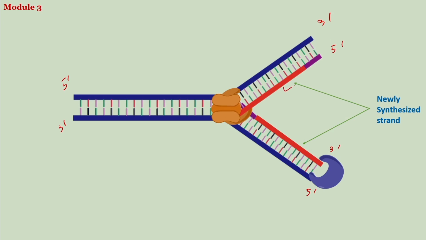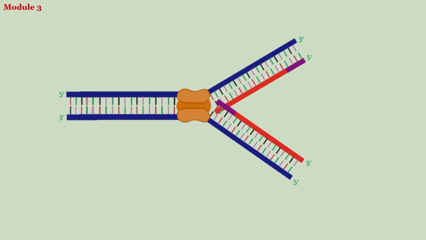So, this and this are now the newly synthesized DNA strands, 3 prime, 5 prime, 5 prime, 3 prime. Now, this new double helix so far is synthesized by the set of enzymes. Now, what next? This is only a partial replication. You have to synthesize the complementary strands for the rest of the DNA or rest of the gene.